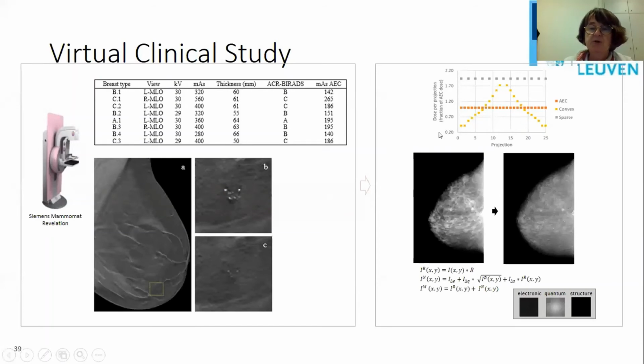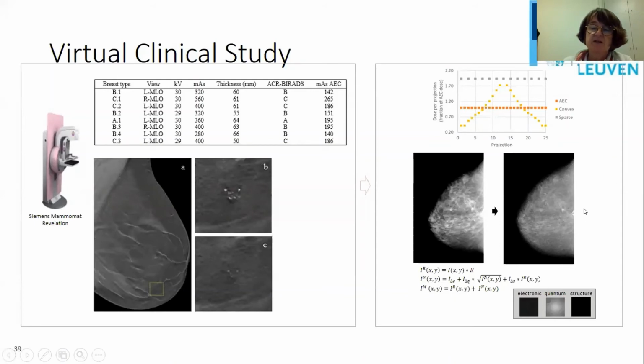You can see how we can start from one patient case and simulate something like sparse projections by keeping the total dose the same. Well, the answer is in physics. You start from a projection, and it is possible, after careful calibration and validation, to simulate how the image would look at a different dose level.